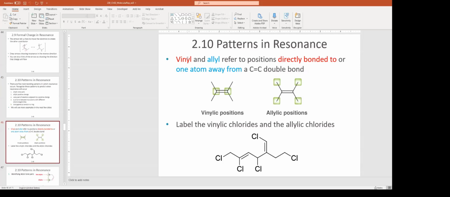So vinyl and allyl are going to correspond to positions on a carbon-carbon double bond. If something is bonded directly to a carbon-carbon double bond, then that is considered to be a vinylic position. Anything bonded to something which is bonded to the carbon-carbon double bond is considered allylic.